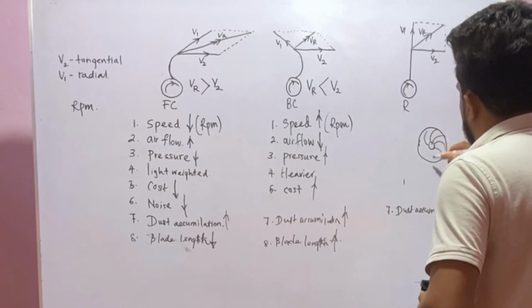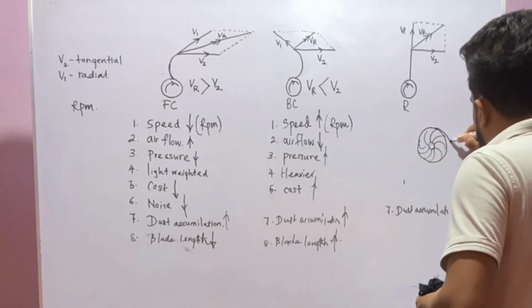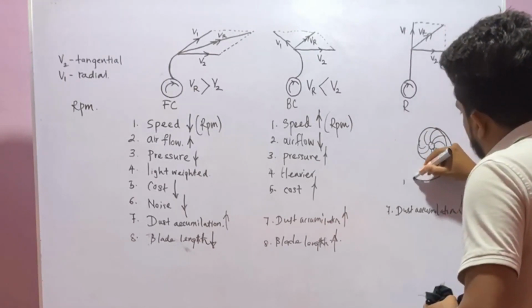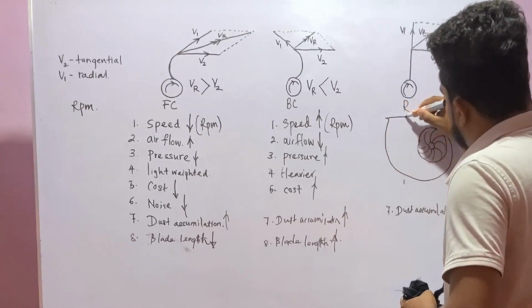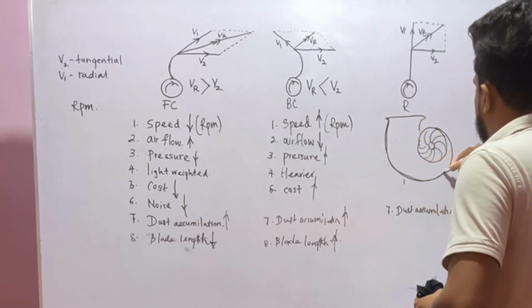this is the impeller. For the forward curve fan, we have to make a spiral casing like this, or a scroll casing like this.